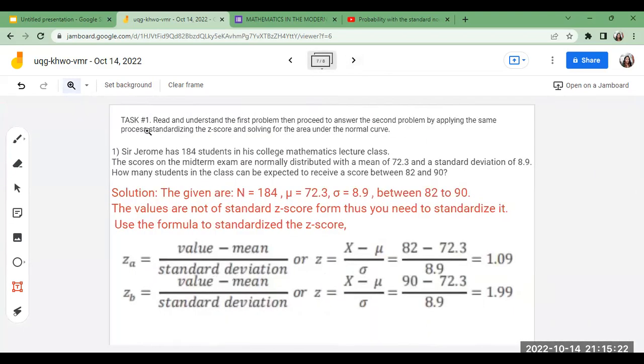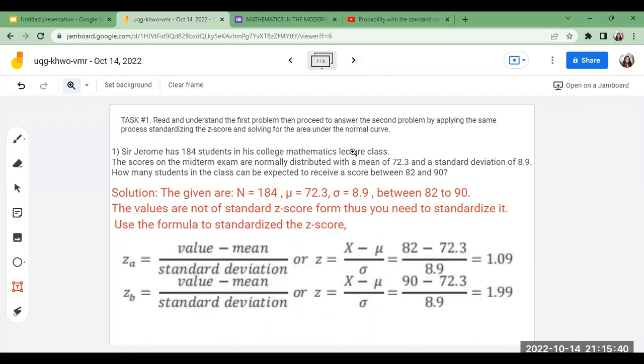So, for the task number 1 in your module, may sagot naman siya actually dyan, but let's discuss. Read and understand the first problem, then proceed to answer the second problem. By applying the same process, standardizing the score and solving the area under the normal curve.